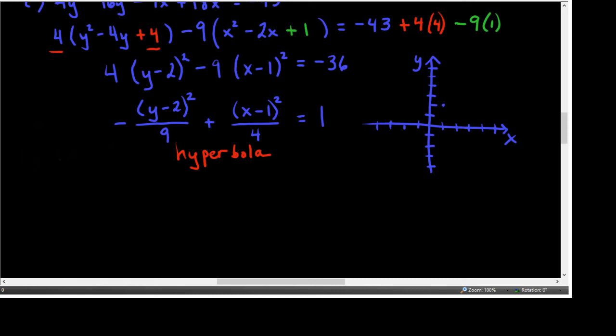Let's see. This is a hyperbola, so I'm going to go in the x direction, the x radius 2, so right 2, left 2. I'm going to go in the y direction, 3, so up 1, 2, 3, down 1, 2, 3. Then I'm going to build my box.